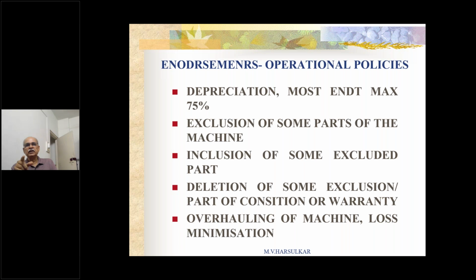And deletion of some exclusion, condition or warranty. Like in the CPM policy, there is an exclusion for machinery working underground. But those machines can be covered by payment of additional premium. If you are covering those machines working underground, additional premium is charged.